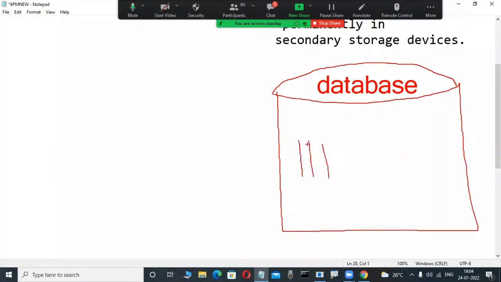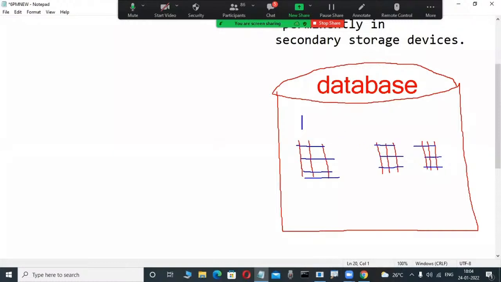Why? Because for these types of databases, the relational data model is the concept. I will tell you today. Based on that only, these products are implemented. They are called relational databases. Observe here, a structured collection of data is there.